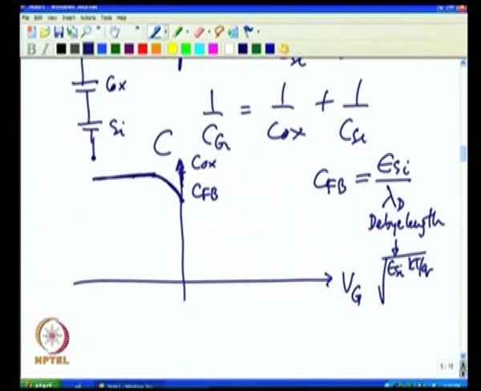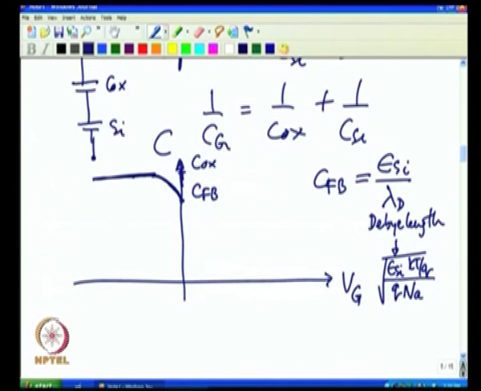Rather than psi s, we have thermal voltage here, because psi s is 0 at flat band, remember that. We are trying to define a capacitance at the flat band condition. So, this is essentially your flat band capacitance.